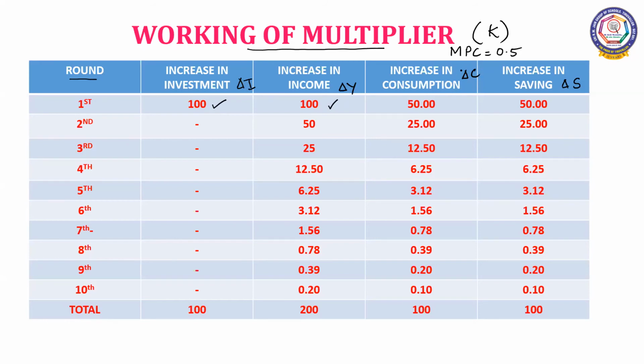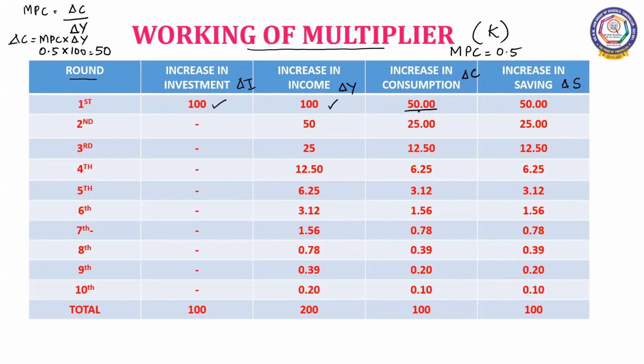Change in consumption, we can calculate this from the MPC formula. MPC is equal to delta C by delta Y. Hence, you can calculate delta C as MPC into delta Y. 0.5 into 100 is equal to 50. This is the increase in consumption, 50.